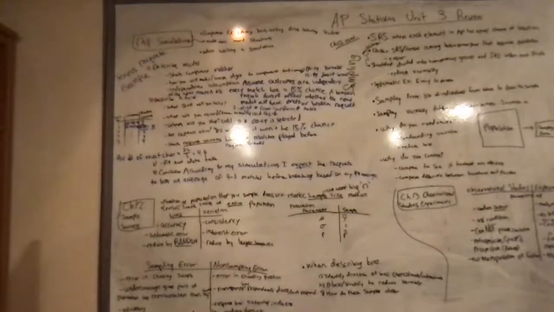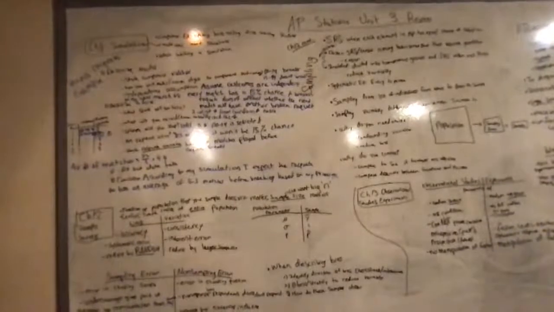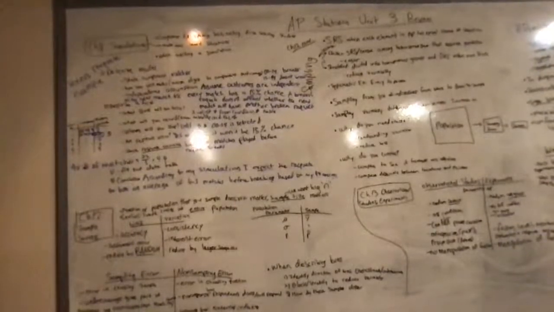Okay, and now on to simple random sampling, or SRS, which is when each element in the population has equal chance of selection. And then there's cluster, which is a simple random sampling or a census among heterogeneous groups that resemble the population. So remember, this is heterogeneous, while stratified is homogeneous groups, and you're taking a few from each strata.